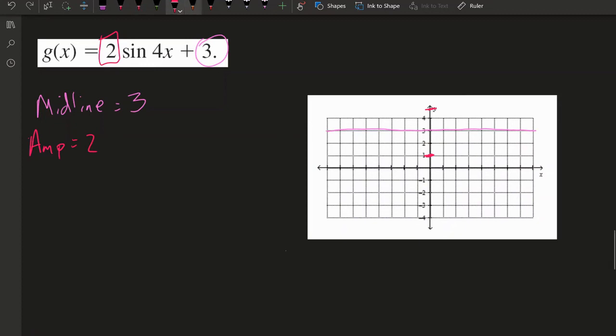Now for this one, the period. Now this one is 4, so I could choose to do either degrees or radians and get the correct answer. I'm going to choose degrees just because there's no pi in this, so that seems like it would make my life a little easier. So the parent period in degrees would be 360, divided by 4 would be 90 degrees.